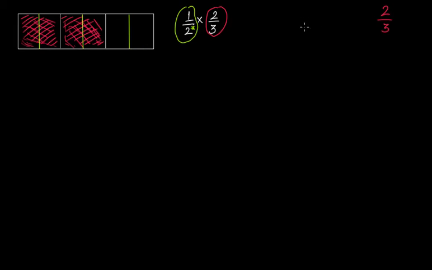initially we had 3 parts, and if each part has been divided into 2 equal parts, how many total parts will we have now? That will be 3 times 2, because initially 3 parts, and now we have to further divide each part into 2. So 2 times 3.